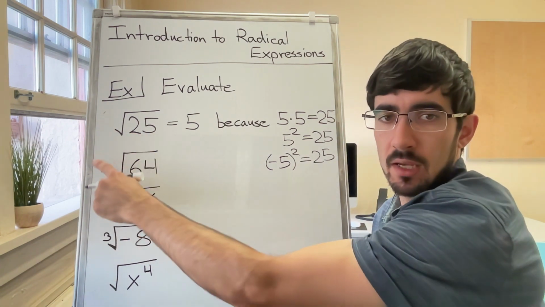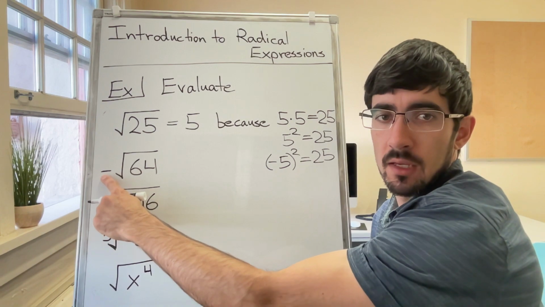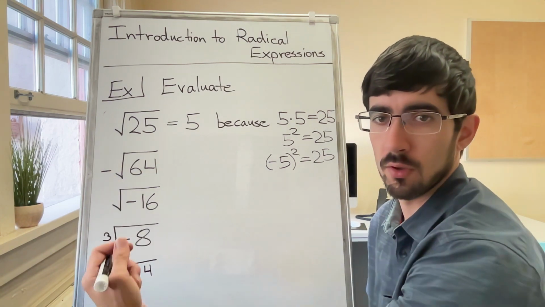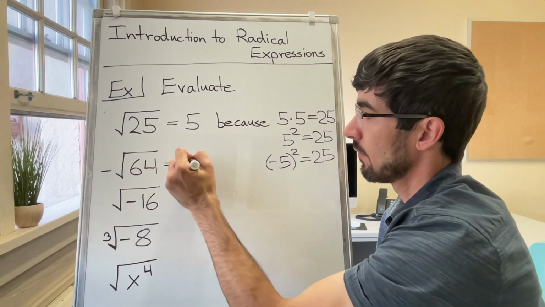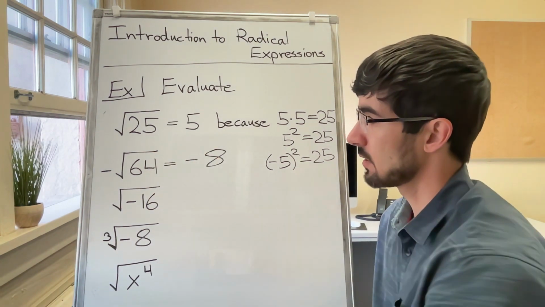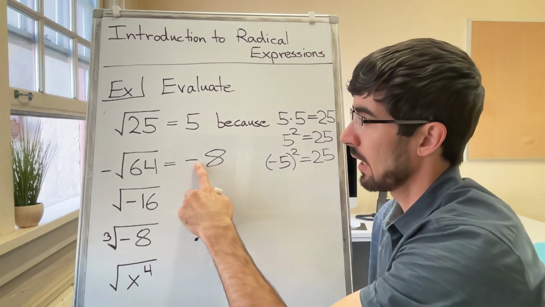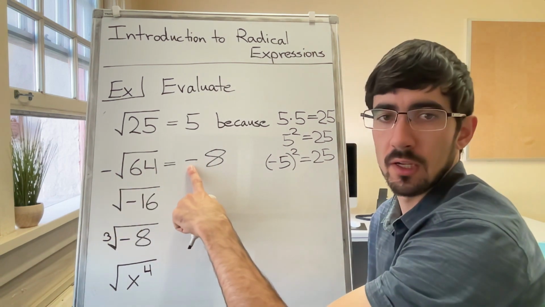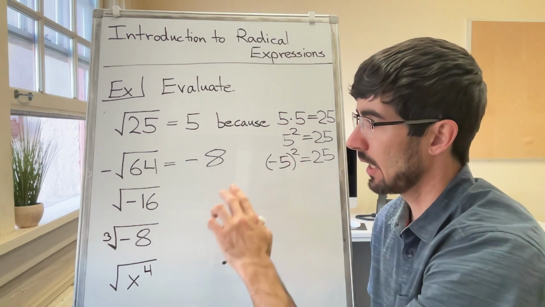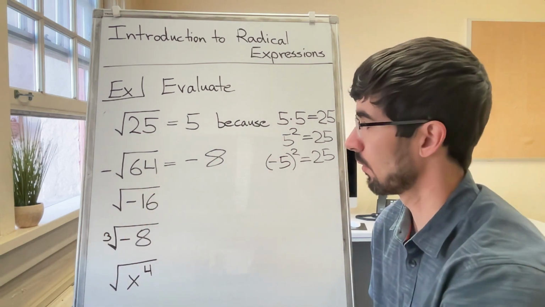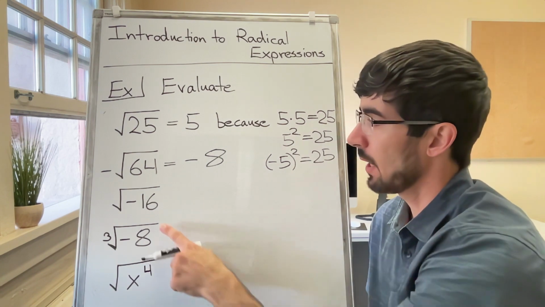If they want the negative number, you indicate that with a negative sign before the root. So the negative square root of 64 equals negative 8. The negative sign is just transferred over here, and the square root of 64 is positive 8 because 8 times 8 equals 64.